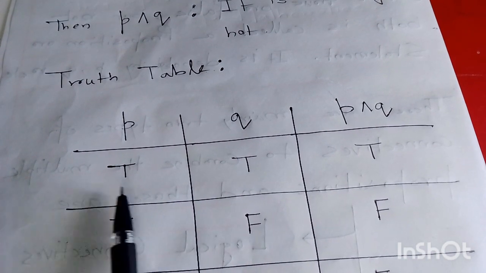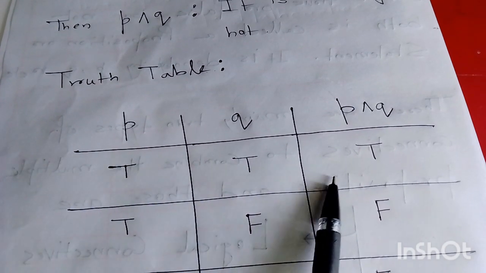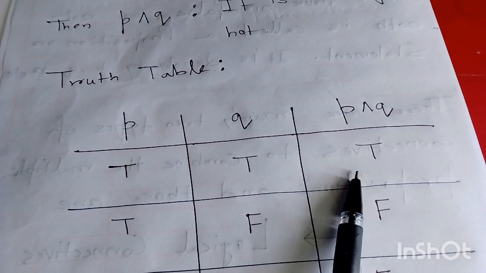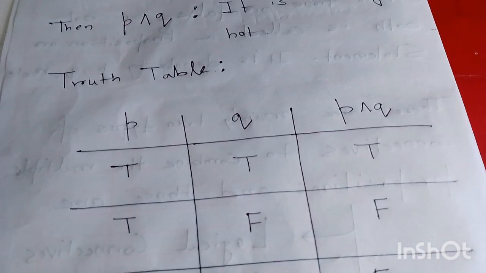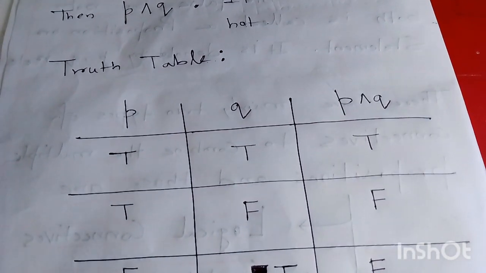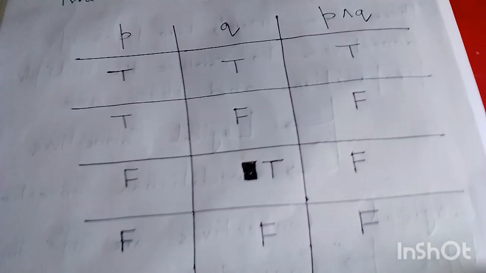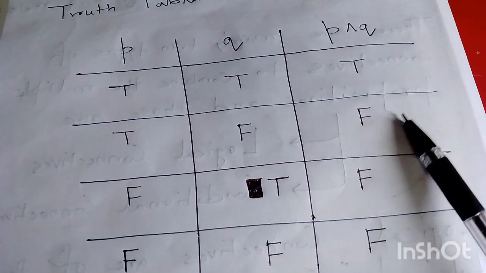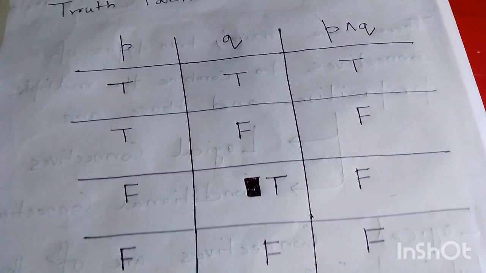When both the propositional values are true, then only P conjunction Q is true, and when the values are different, or both are false, then P and Q is false.